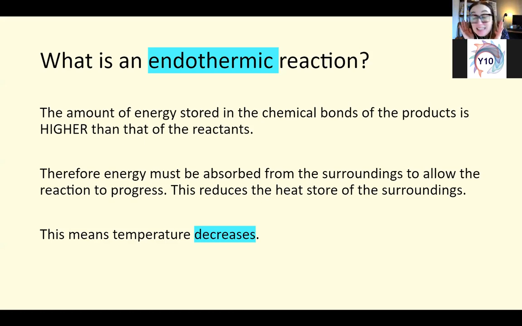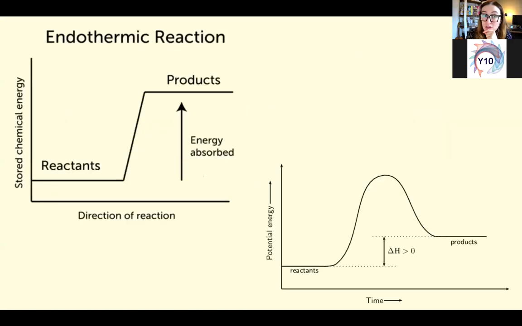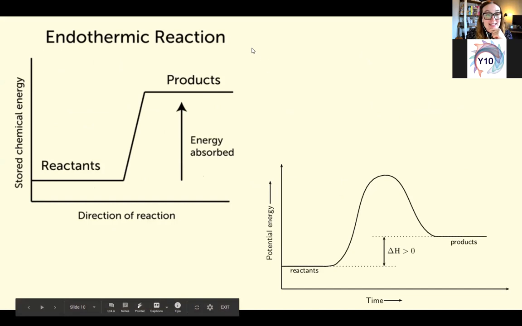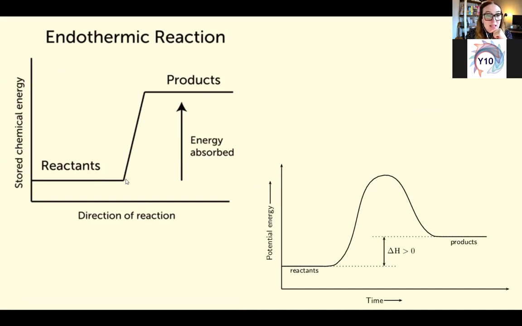Now again, I think the easiest way to memorize this is to look at the graphs themselves. So quite the opposite way, like I said, this is an endothermic reaction. You have your products at a higher energy level than your reactants. This difference here is the total amount of energy that's absorbed in the reaction.